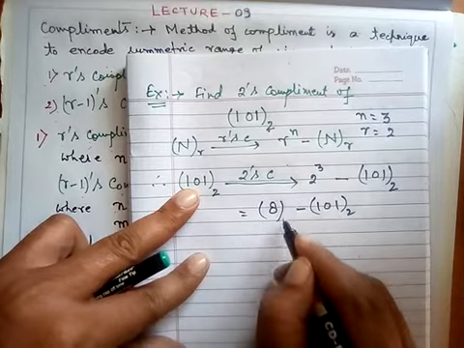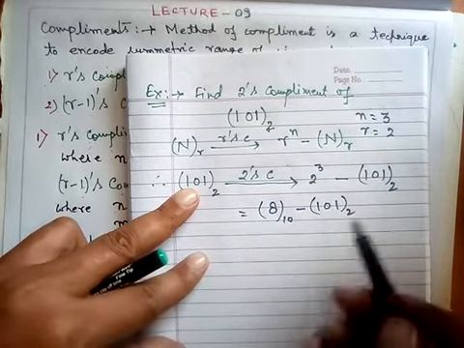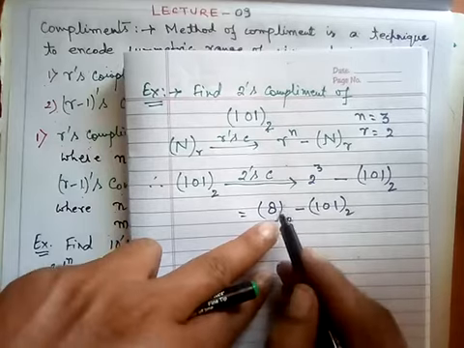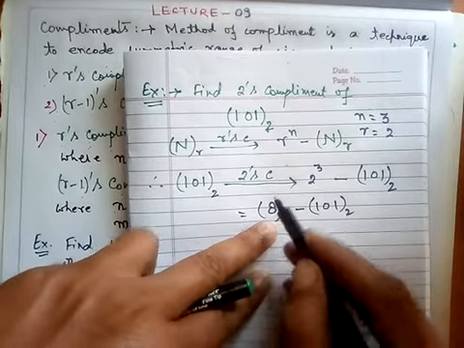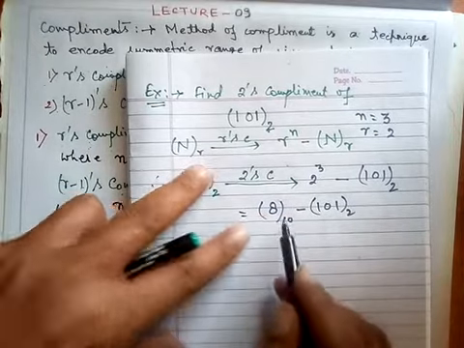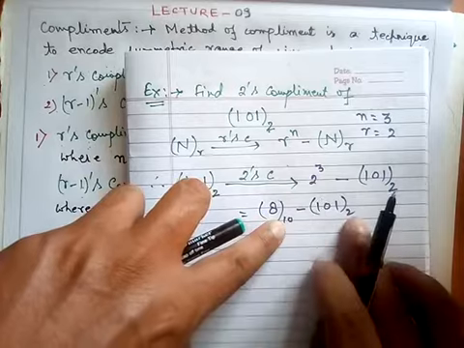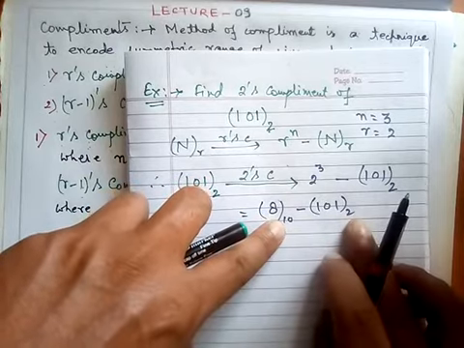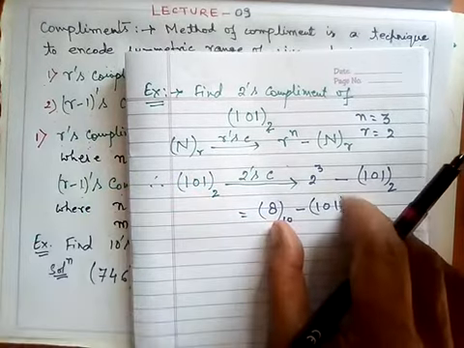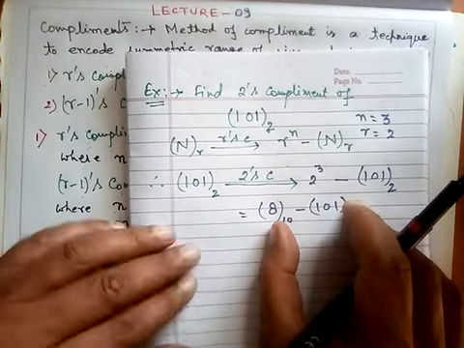Now this 8 is in base 10: 2 to the power 3 is 2 into 2 into 2, which is 8. I am not saying this is in binary, I am explaining it in decimal terms. Naturally this subtraction is not possible while these two radixes are different. I told you any mathematical operation is only possible provided the numbers have the same base.